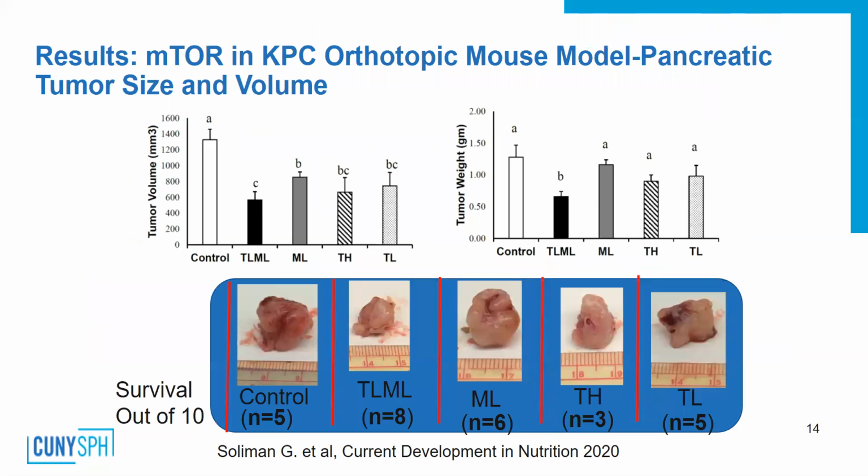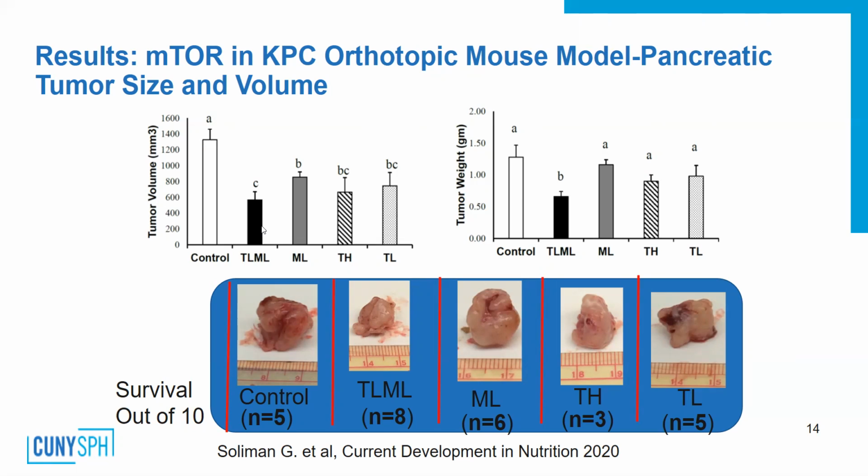Then after we sacrificed the animals, we looked at the tumors, and the tumor size was decreased significantly with the combination of Torin-2 and metformin, both concentrations. And this was significant for the tumor volume that has significantly decreased with the combination of Torin and metformin, as well as the tumor weight was also significantly decreased.